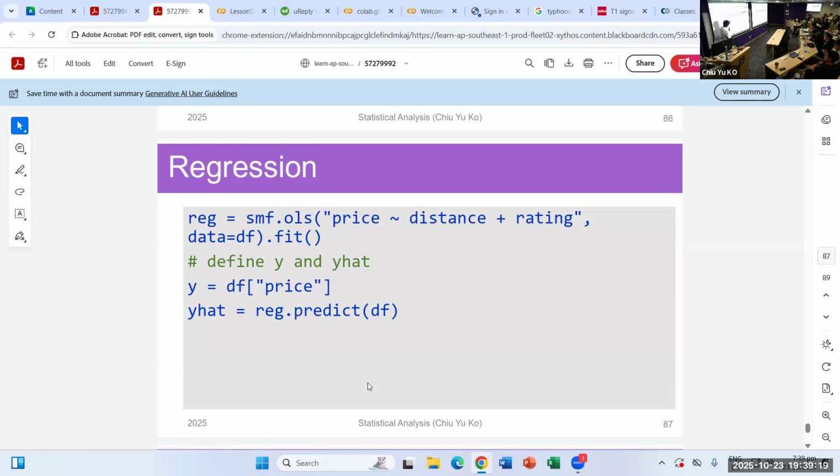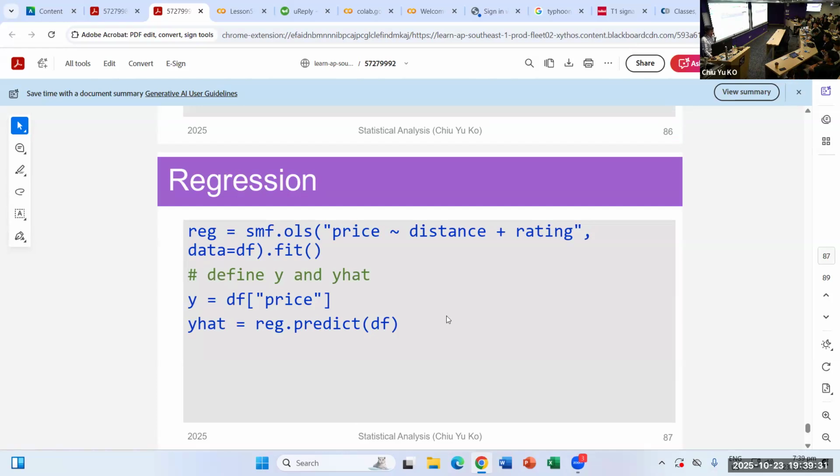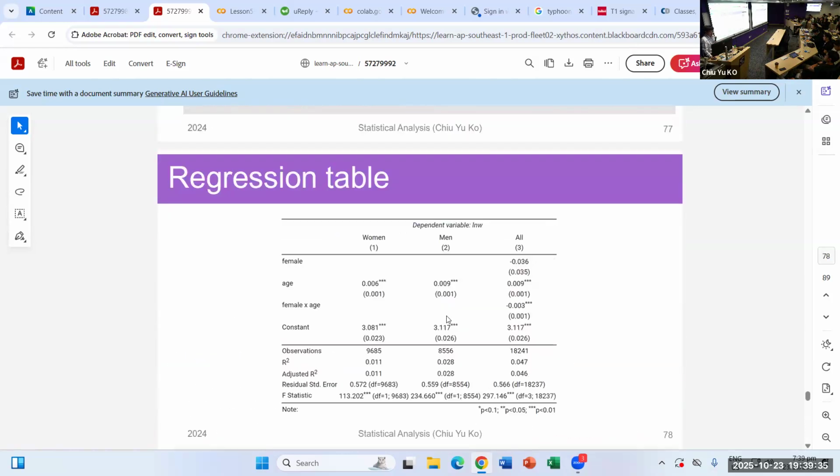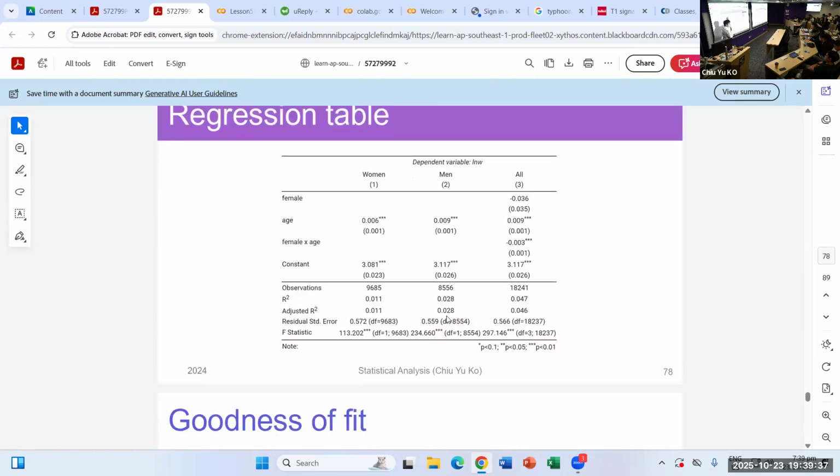Although I didn't, you can use X constant or you don't have to, and then you just plot the graph and figure out what it is. That's the main thing I want to show you, and also you want to know how to read this table, right? Check whether the coefficient has a star or not, and how to interpret this coefficient.